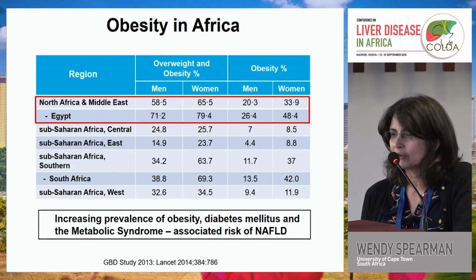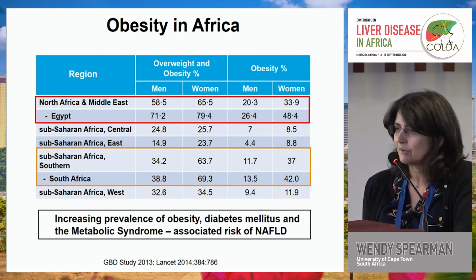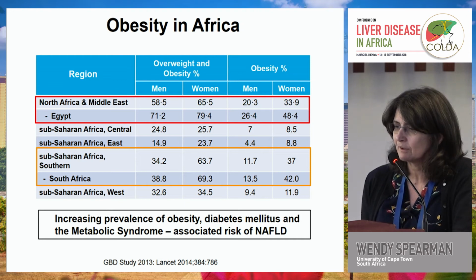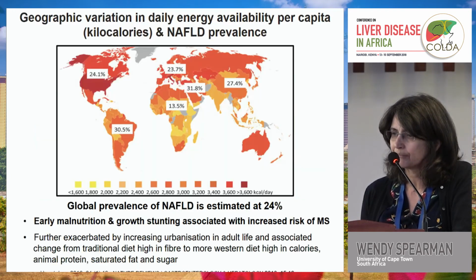Obesity is increasing, particularly in North Africa. In Egypt, 26% of the men and 48% of the women are obese. And in sub-Saharan Africa, particularly South Africa, 13% of men and 42% of females are obese. So with this increasing prevalence of obesity, diabetes mellitus, and metabolic syndrome, there's a potential increased risk for development of fatty liver. But there are geographic variations.